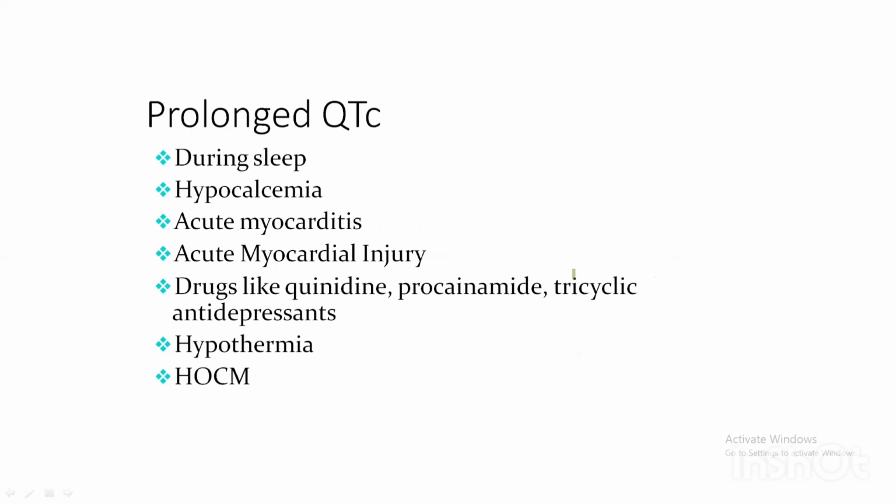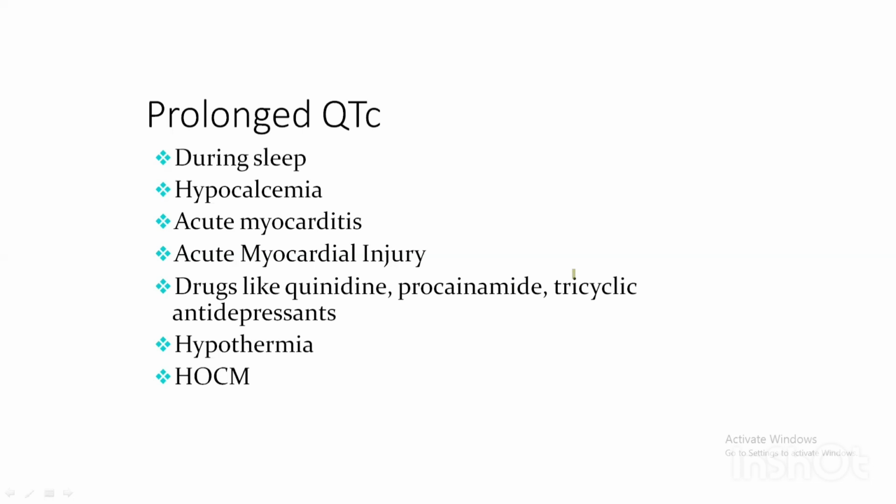So what is the significance of QT prolongation? Prolonged QT interval is the most common precursor of tachyarrhythmias like ventricular arrhythmias, and many drugs can cause prolonged QT interval. During COVID days, we know that many drugs like quinolones and macrolide antibiotics like azithromycin can cause prolonged QT interval, as can many antidepressants and drugs like quinidine, procainamide, and tricyclic antidepressants.